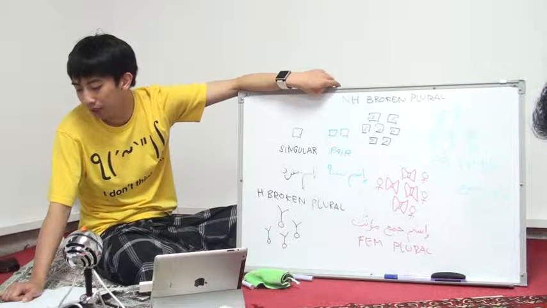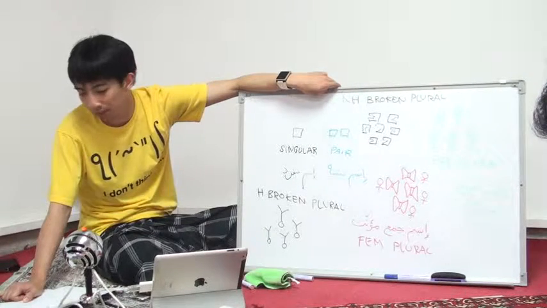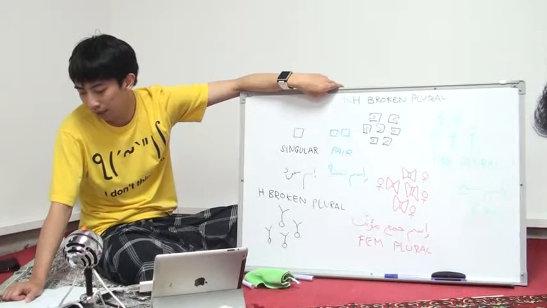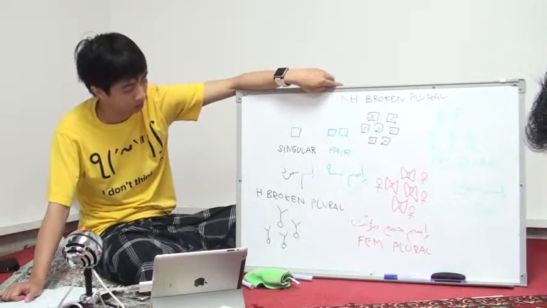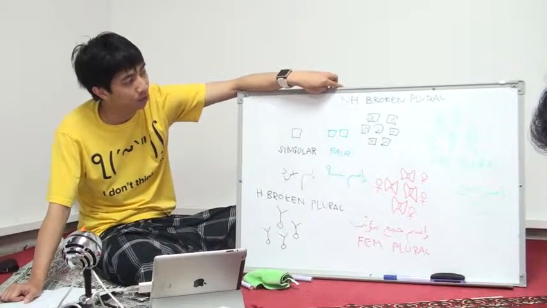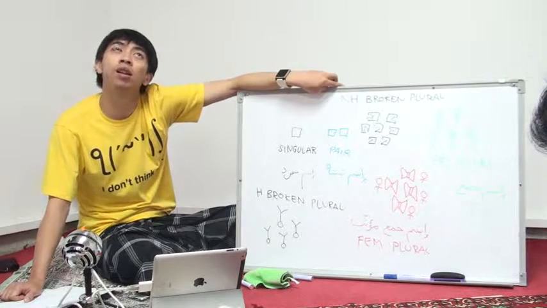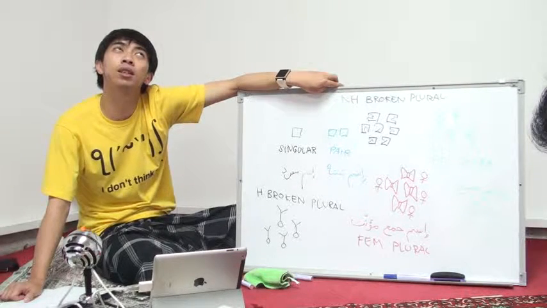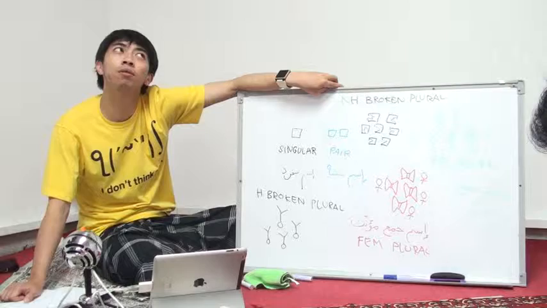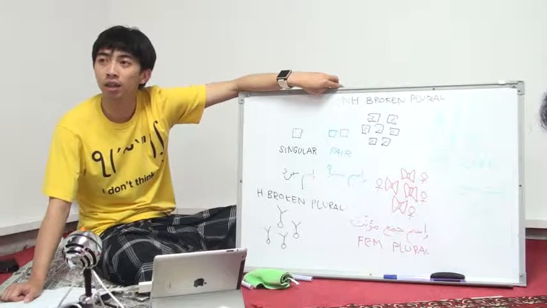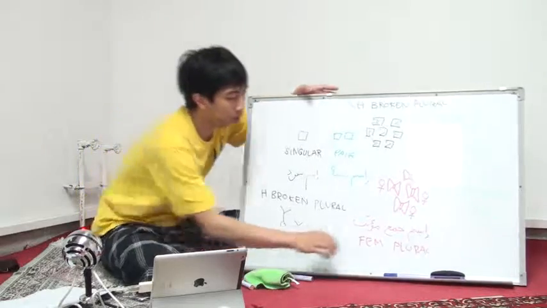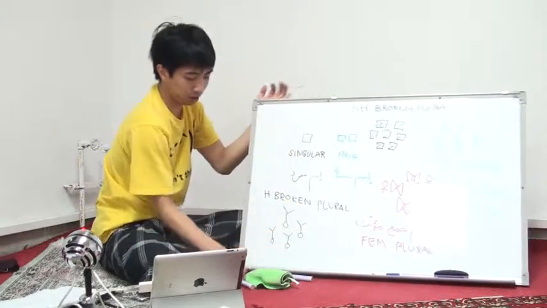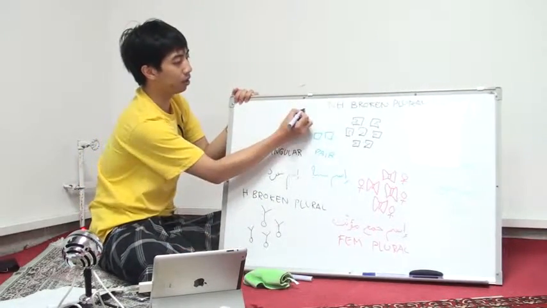Before we move into problem number 6, let me give you something I forgot to mention, an example of broken plural. Let's say the singular form of book, kitabun. What is the jama'?